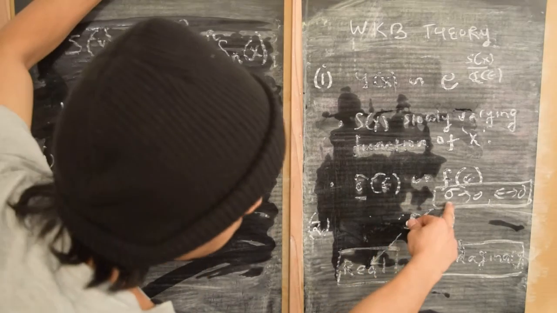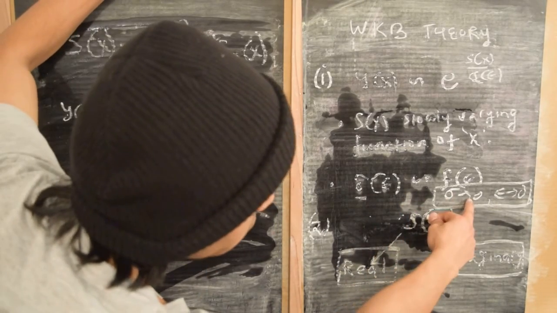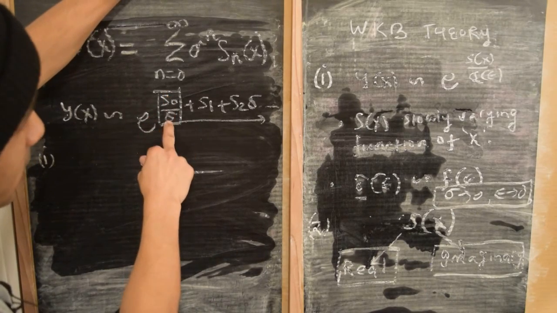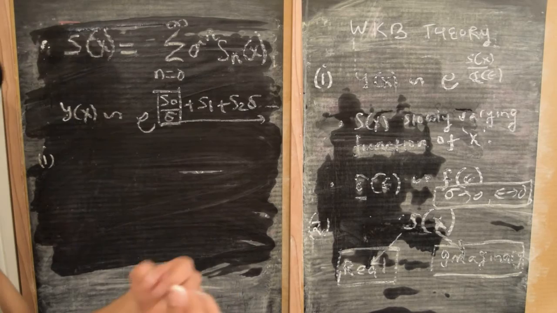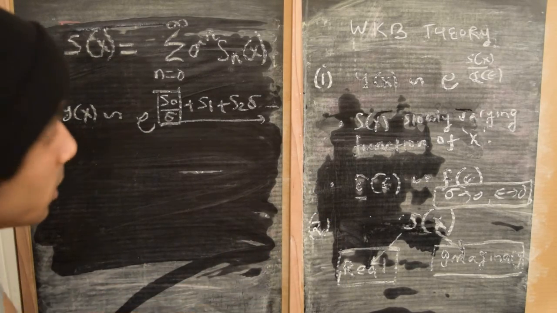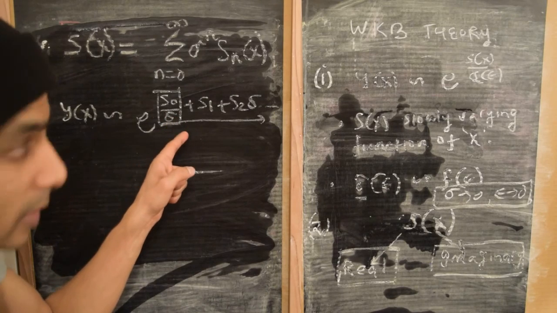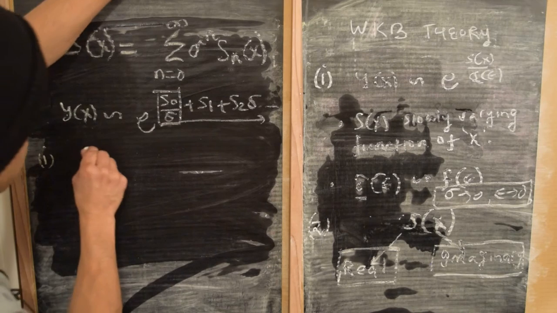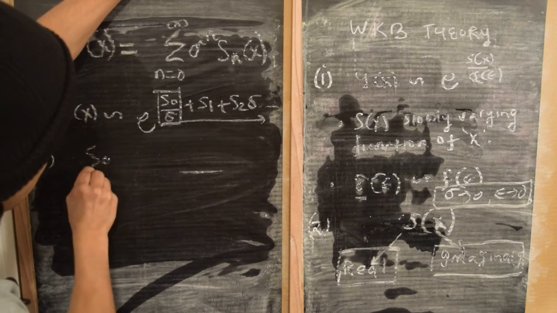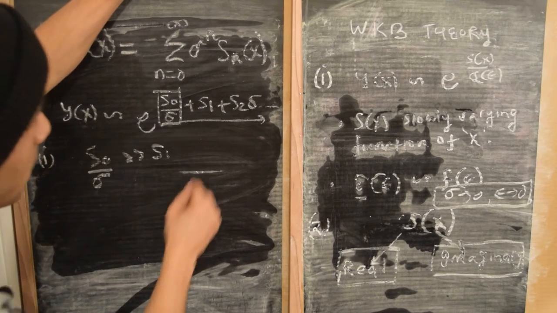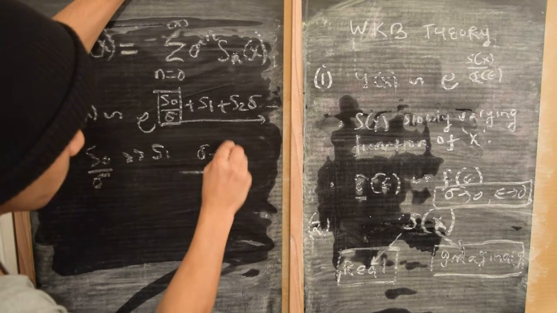So if you look at this condition, delta is going to 0 as epsilon is going to 0. So in principle, S naught over delta will be the term which should be very large because it has a delta in the denominator. So this will be the leading order term in the series. And what we are assuming when we are making this kind of an expansion is that S naught divided by delta is, for instance, much greater than S1 in the limit that delta goes to 0.